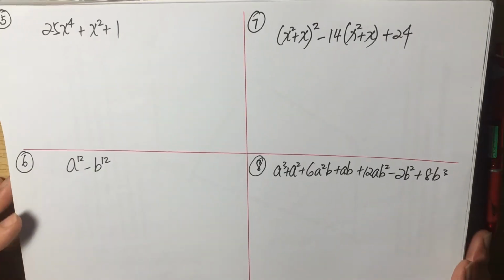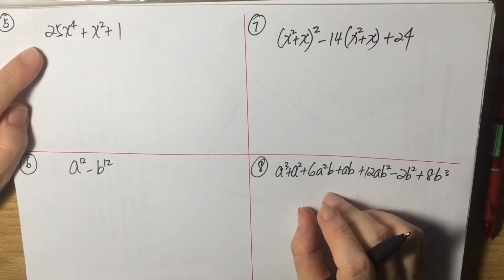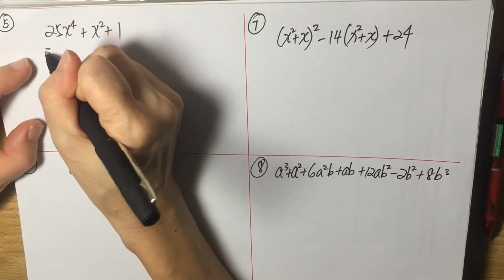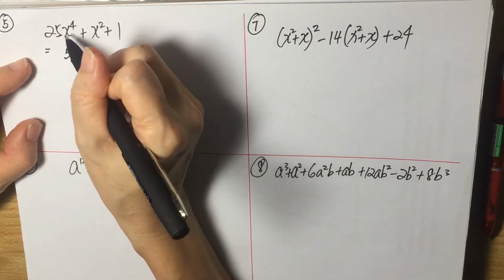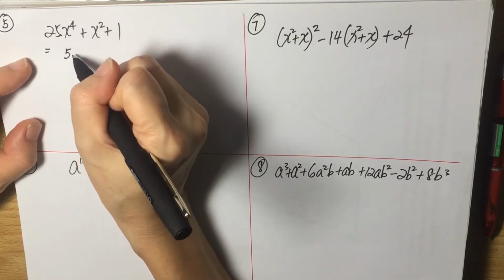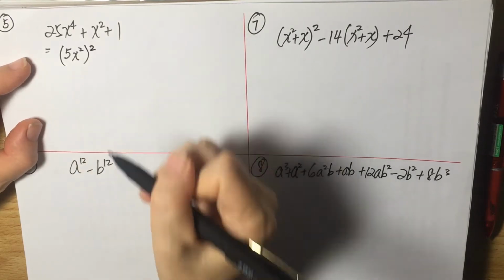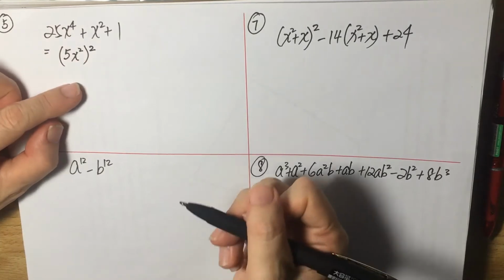Question 5. It doesn't fit into a quadratic equation, okay? But we can try to force it into a quadratic expression. So 25, I say it is (5x squared) squared. Okay, so that's 25x to the power 4, right?